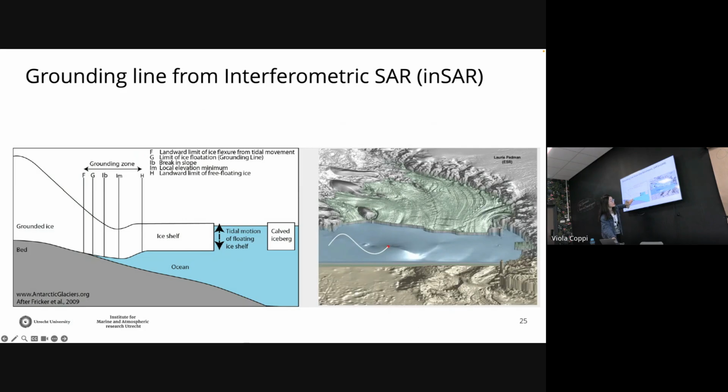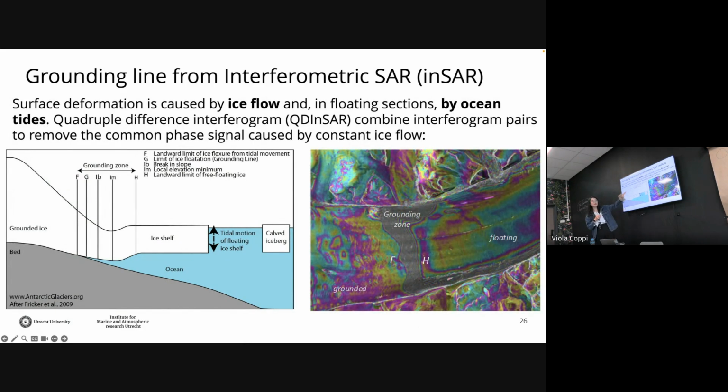We can deduce that directly from interferometric SAR, especially when you further subtract interferometric SAR products from 2 different times, or revisit times, which is what we call a double-difference interferogram. This is the difference between 2 different interferometric SAR images, and it shows the grounding zone.